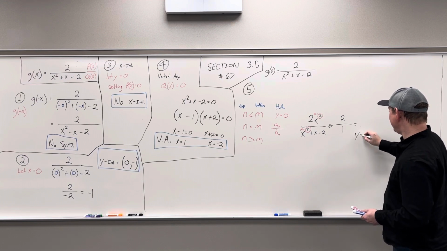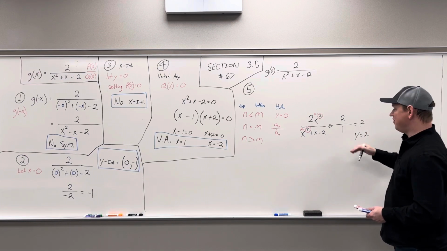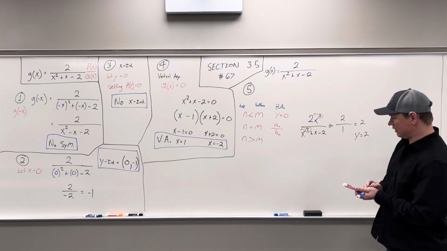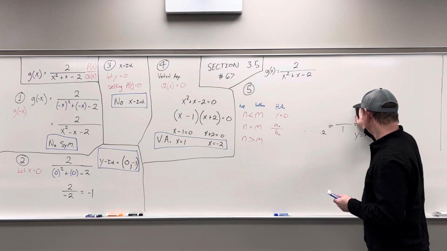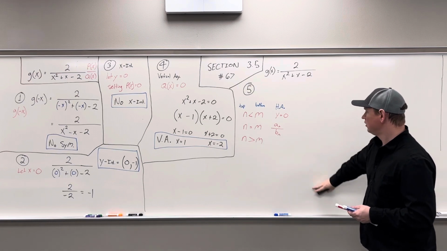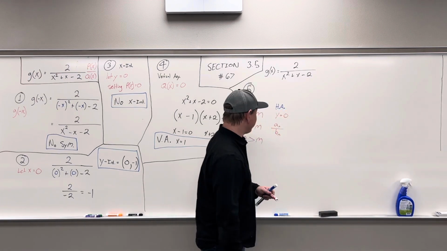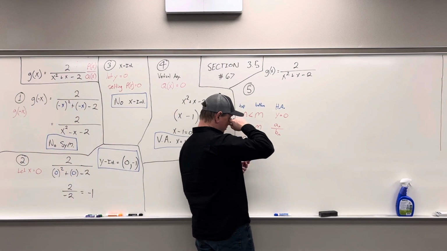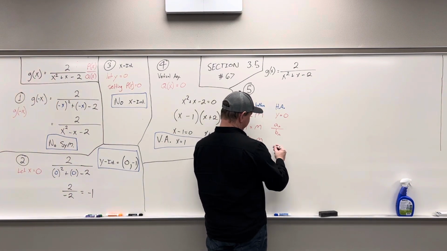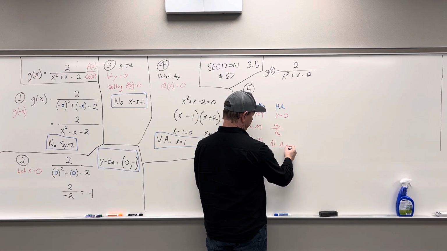That's where our horizontal asymptote is in that case. So this one's basically just making that fraction. And then when it's here, it's real nice. If the top is bigger than the bottom, then you have no horizontal asymptote.